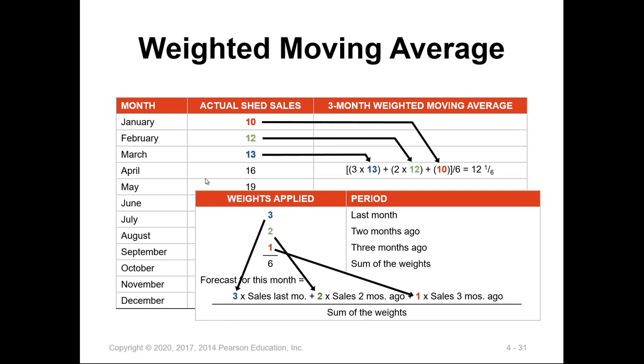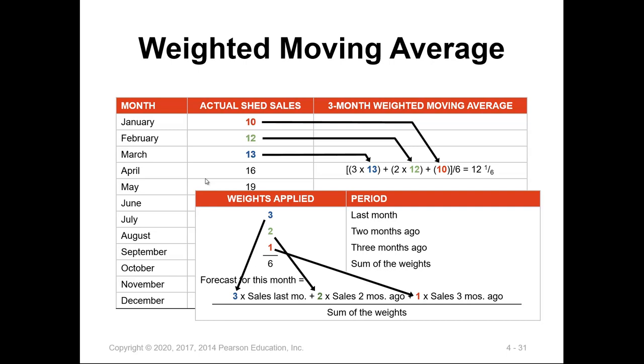Using the equation of the weighted moving average, it will be the sum of 3 multiplied by 13, and this is the most weighted one, the recent one, plus 2 multiplied by 12, plus 10 multiplied by 1, and then we divide all by 6, and that will equal 12 and 1/6.